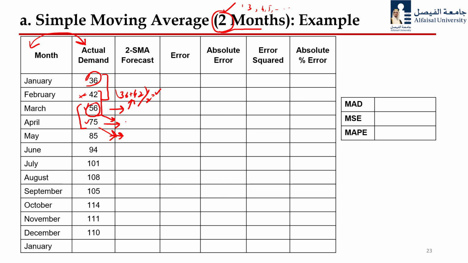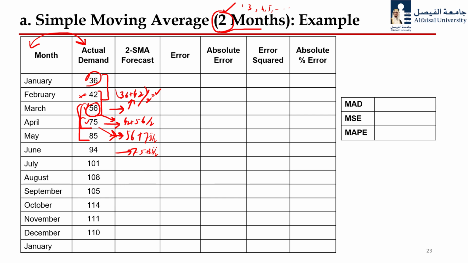So to predict the April forecast value using this method, it is going to be 42 plus 56 divided by 2. For the next month, this is going to be the average of the next two, which is 56 plus 75 divided by 2. For the month of June, this is going to be 75 plus 85 divided by 2.